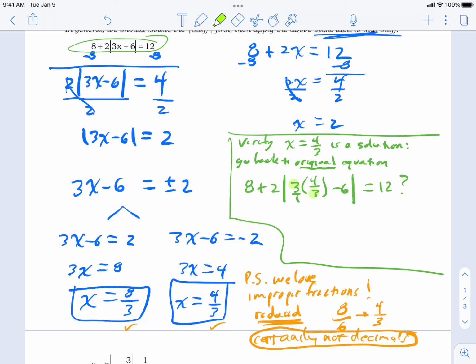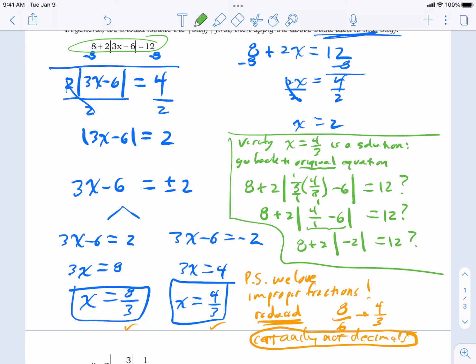Those 3's will cross-cancel. So 3 goes into 3 once, 3 goes into 3 once. And then when you are multiplying fractions, it's a straight across deal. So 4 times 1 is a 4 on the top, 1 times 1 is a 1 on the bottom. And of course 4/1 is the same as 4. So what I've got inside my absolute value is 4 minus 6, which is -2.